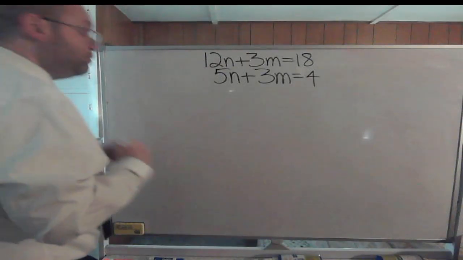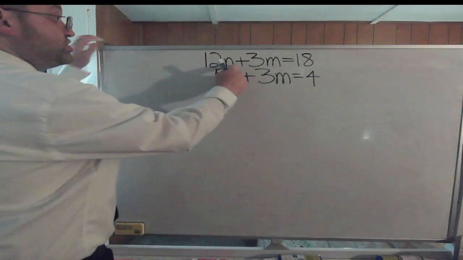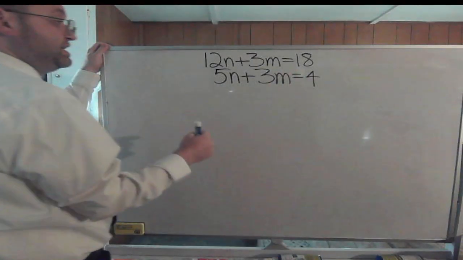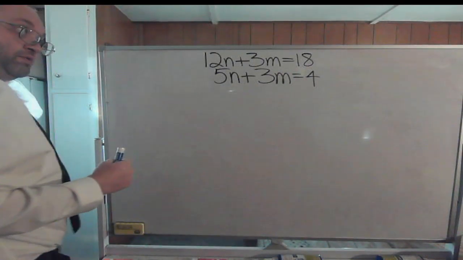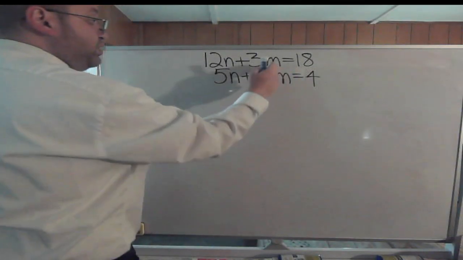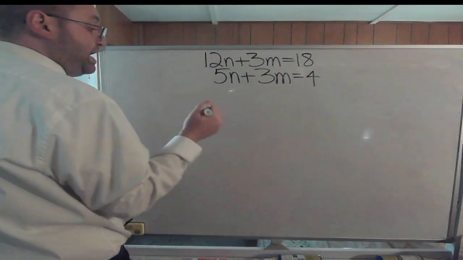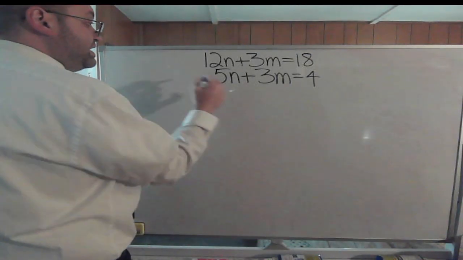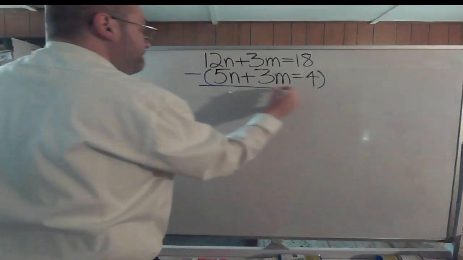So this time we have the equations 12n plus 3m equals 18, then 5n plus 3m equals 4. Well, the m should jump out at us because both of these have positive coefficients of 3, so that means we can subtract the second equation from the first. So let's go ahead and do just that.